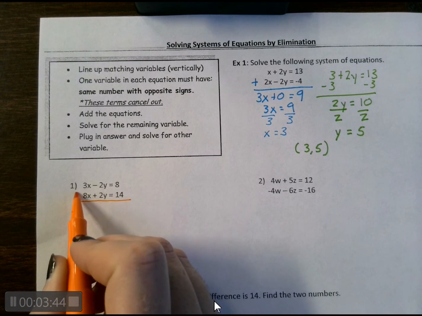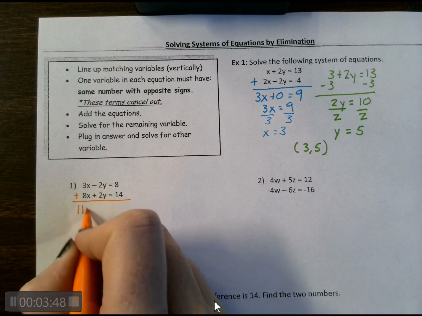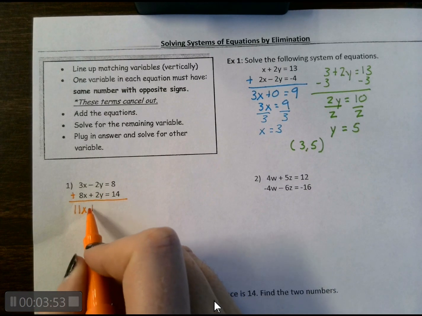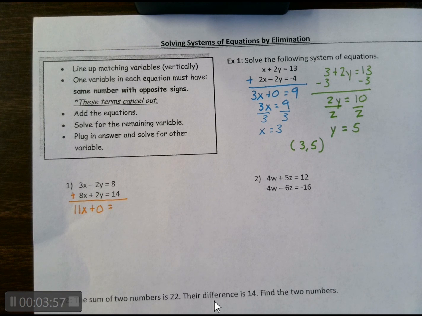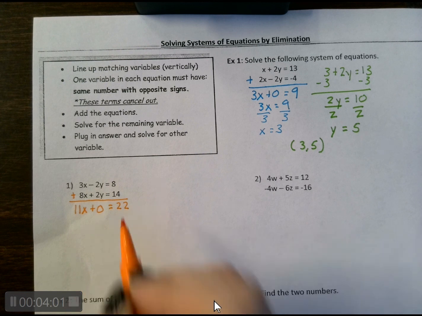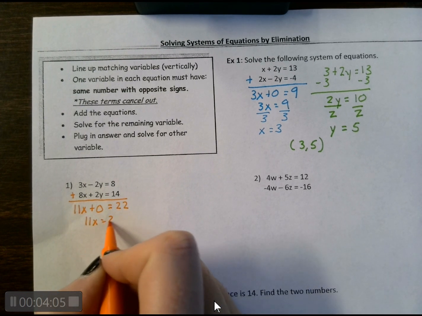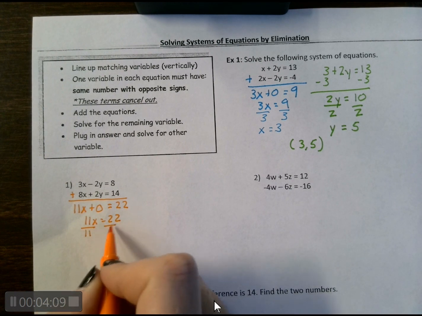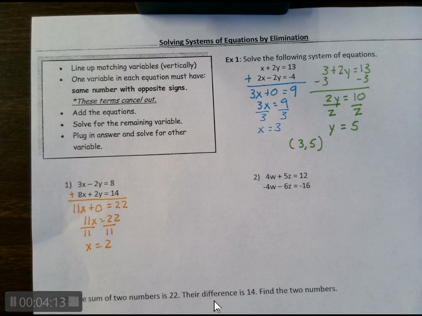So now we're going to add them. So 3 plus 8 will give us 11x, and then negative 2 plus 2 will give us 0, equals 8 plus 14 will give us 22, I believe. Yep, 22. Okay, so then 11x equals 22.